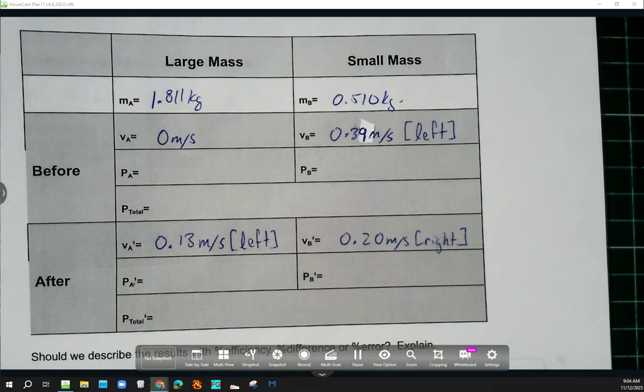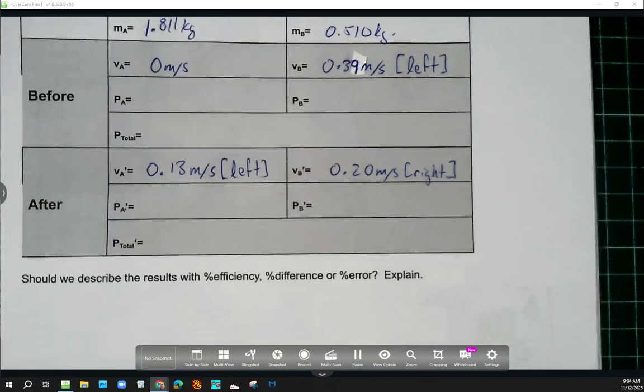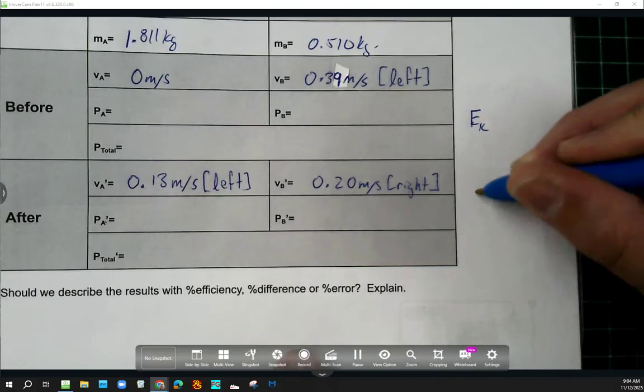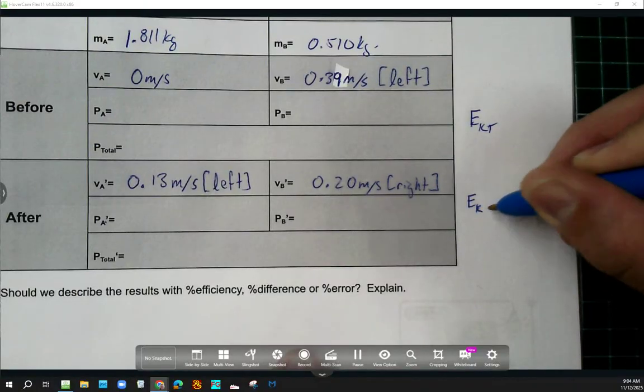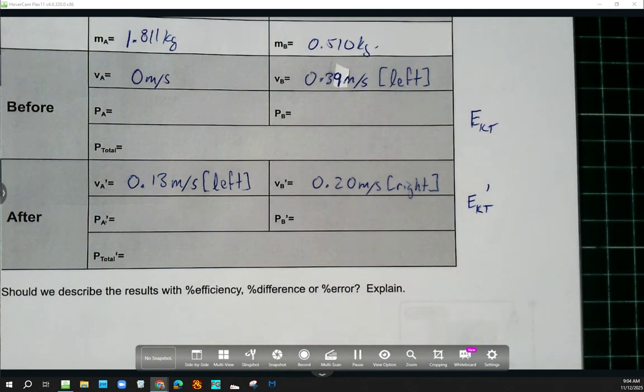Even though it's not in the organizer, I'd also like you to find EK before and after for the system. When I say the system, I mean EK total and EK total primed. Find the kinetic energy before and after.